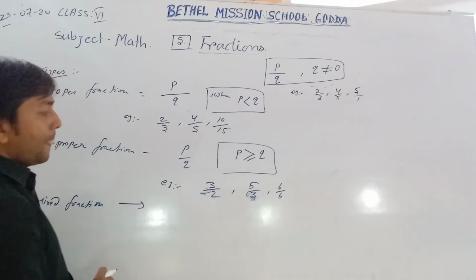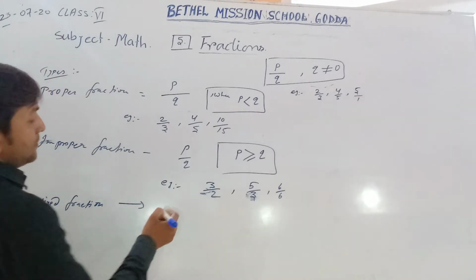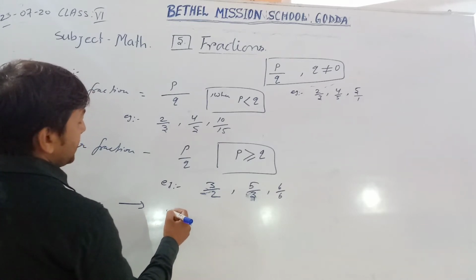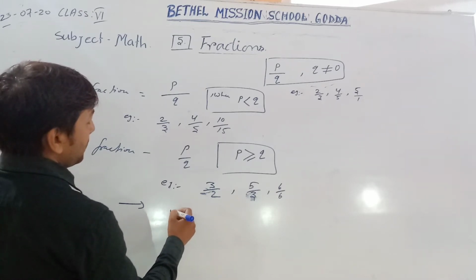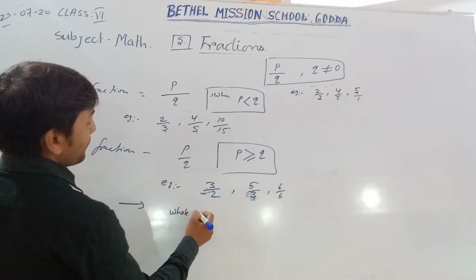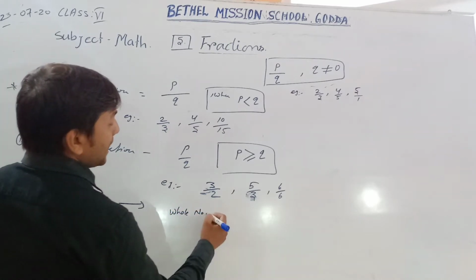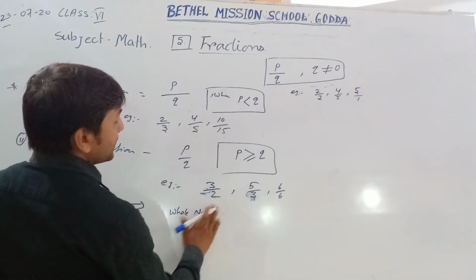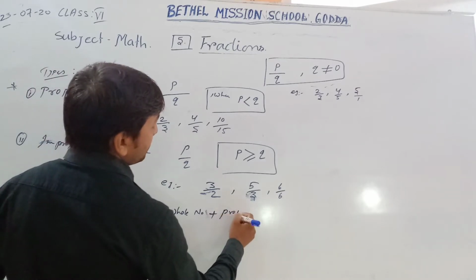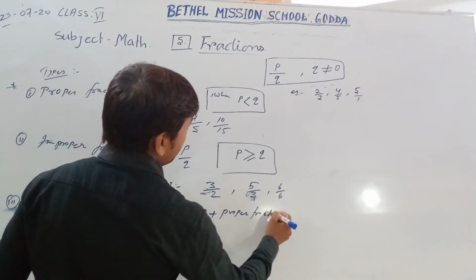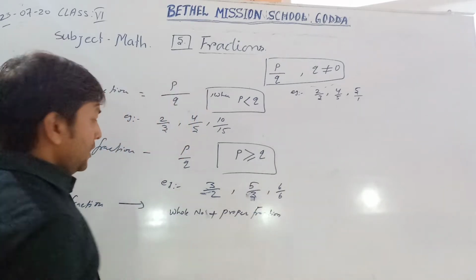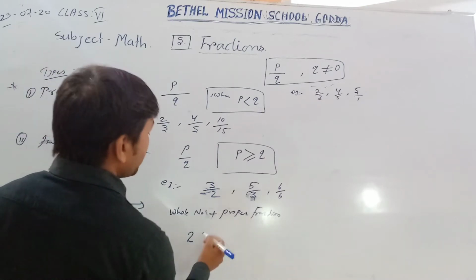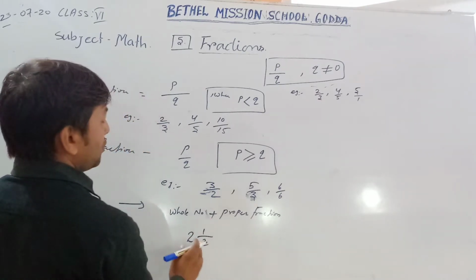This is a combination of a natural number or whole number and a proper fraction. So the whole number we can write as 2, and the proper fraction we can write as 2 upon 3.